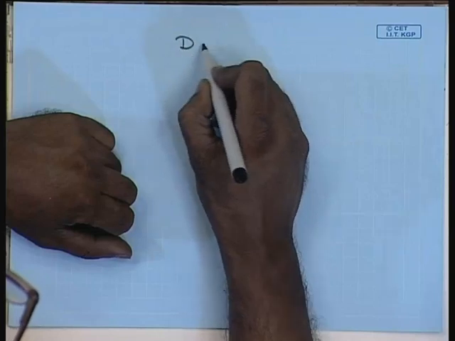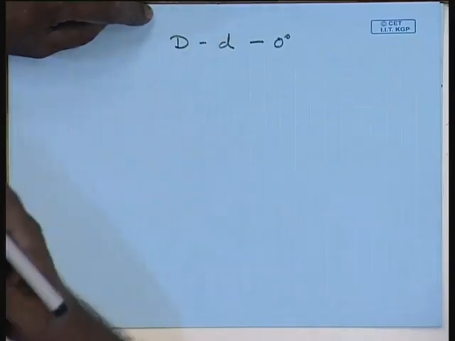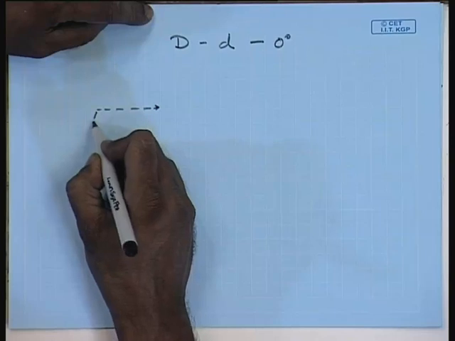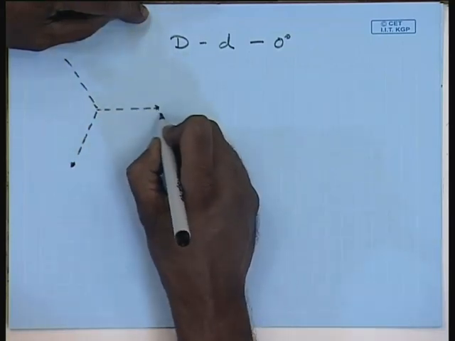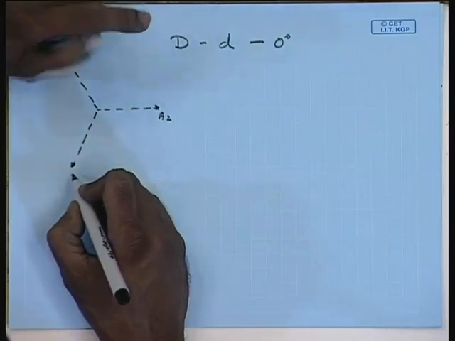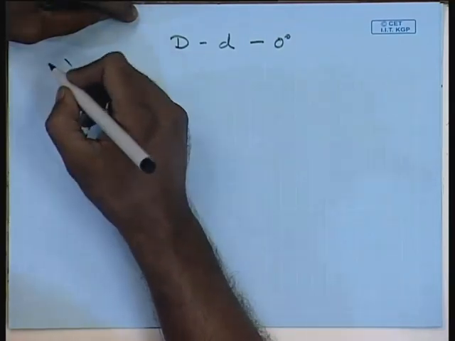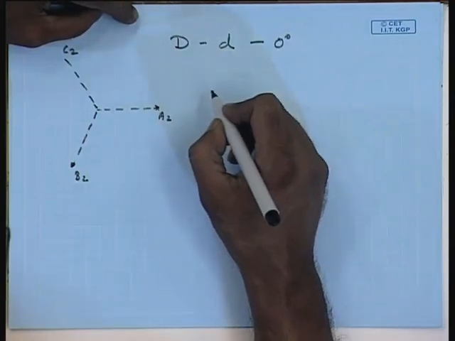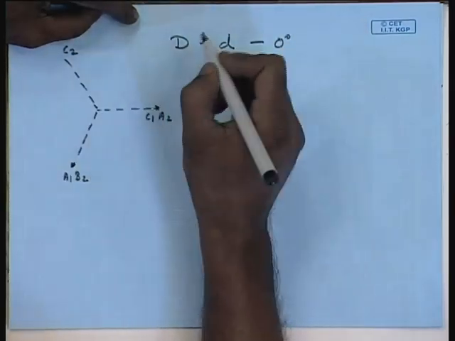Let us say what will be DD 0. A, B, C, A2, B2, C2, this is C1 also, this is A1 and this is B1.